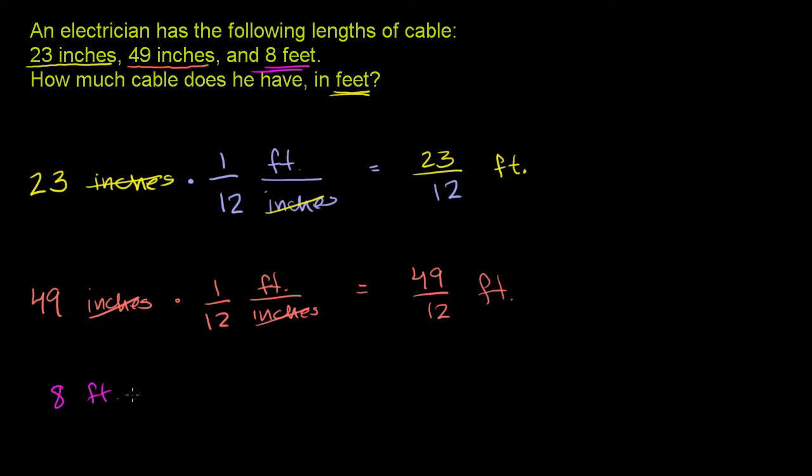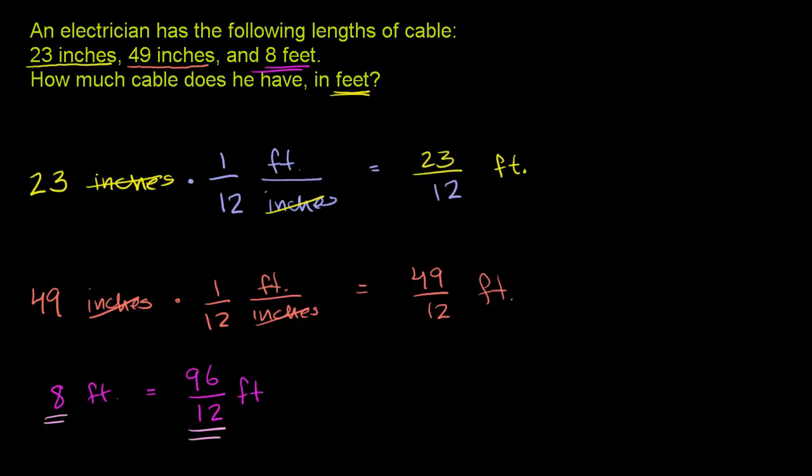The easiest way, I think, is to have this with the denominator 12. So 8 feet is the same thing as what over 12? Well, what's 8 times 12? It's 96, right? 96 divided by 12 is 8. These are equivalent. I picked 12 because these have 12 in the denominator. So 8 feet is the same thing as 96 over 12 feet.